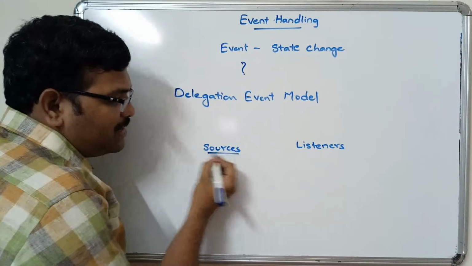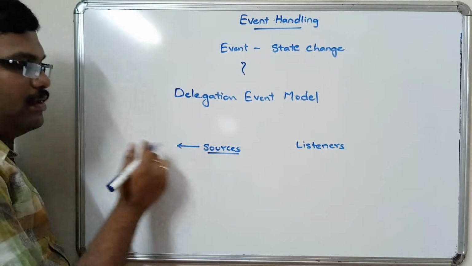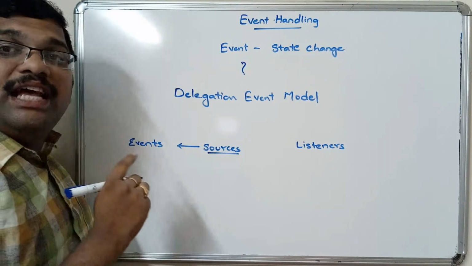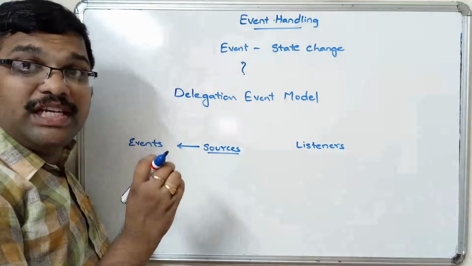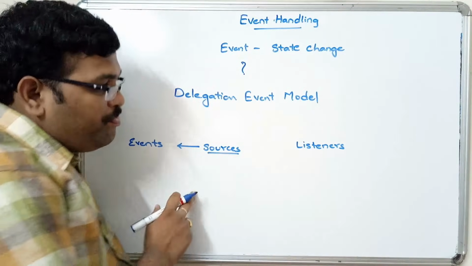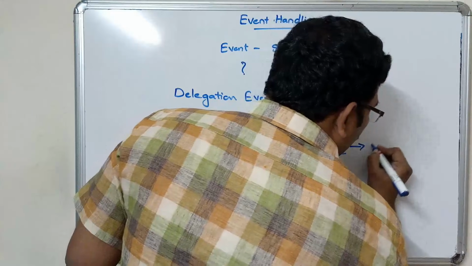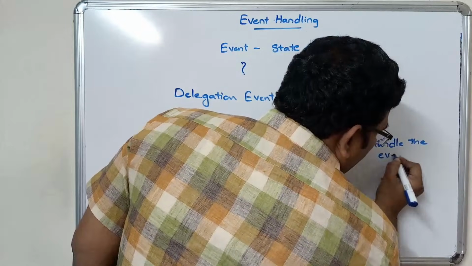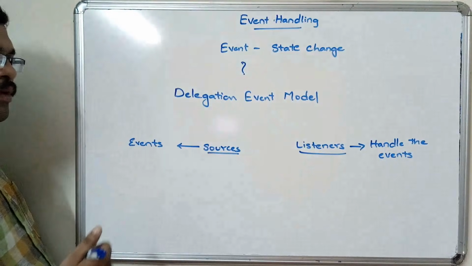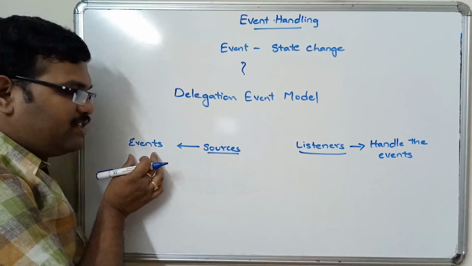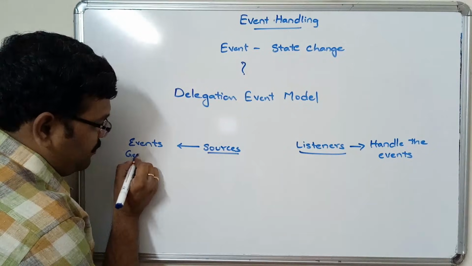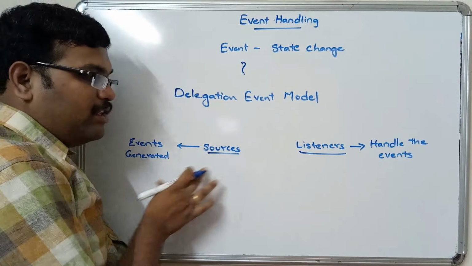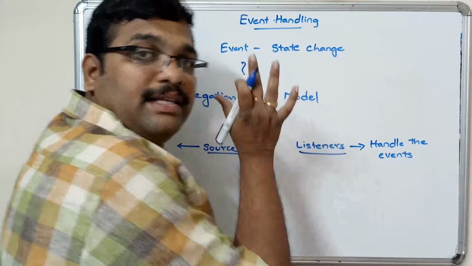So sources are from which the events will be generated, and listeners are used to handle the events, right? So from the sources events will be generated, and whatever the events generated by the sources, that will be handled by the listeners.